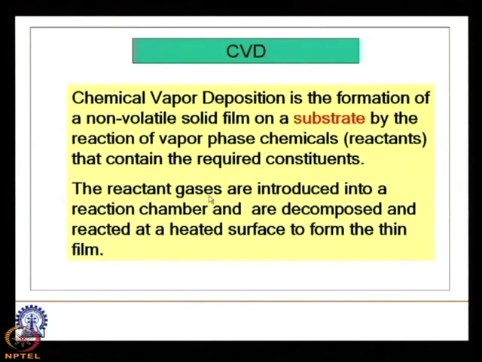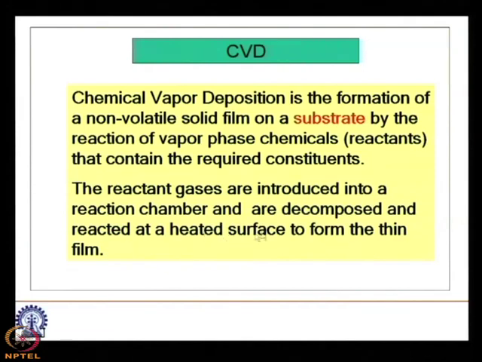The reactant gases are introduced into a reaction chamber and are decomposed and reacted at a heated surface to form the thin film. So, another important point is that there must be a heated surface, that means the substrate must be heated. So, one thing is that you must have a substrate, second thing is that the temperature will be high, because the substrate will have to be heated.